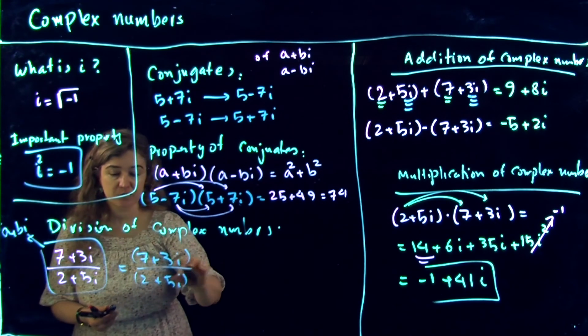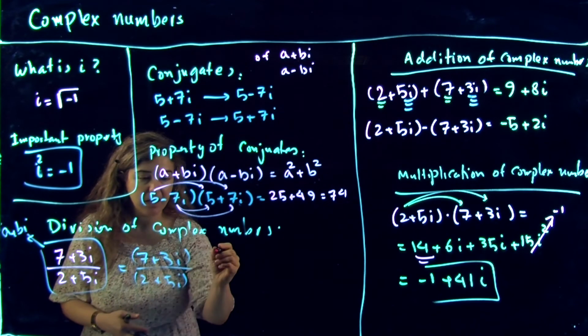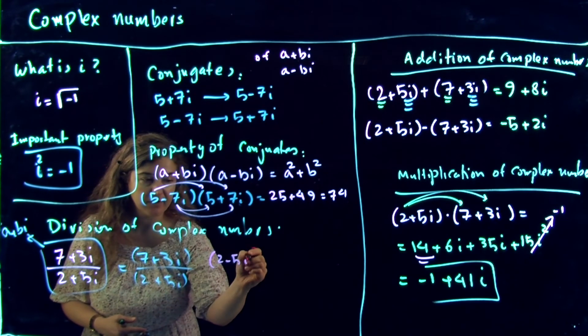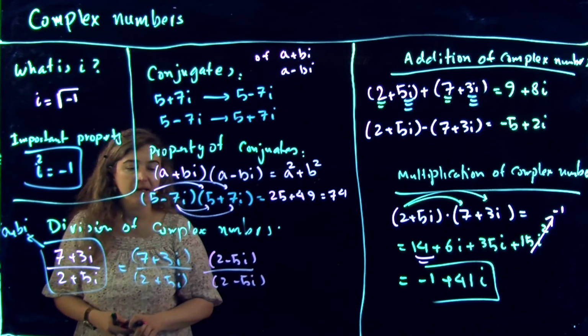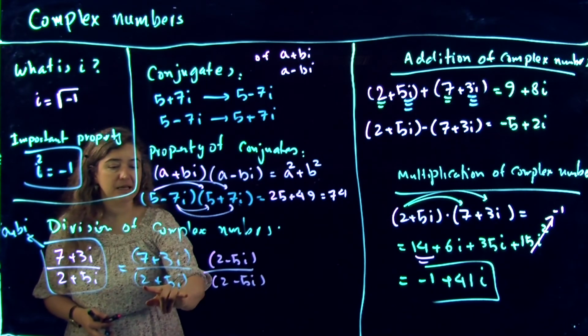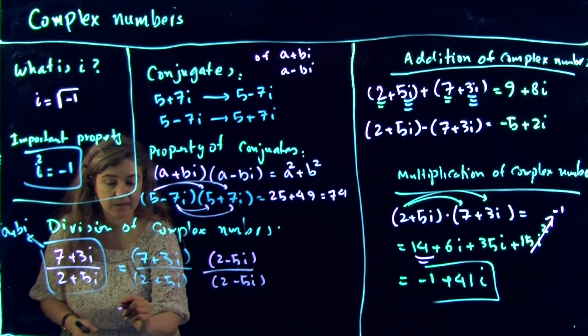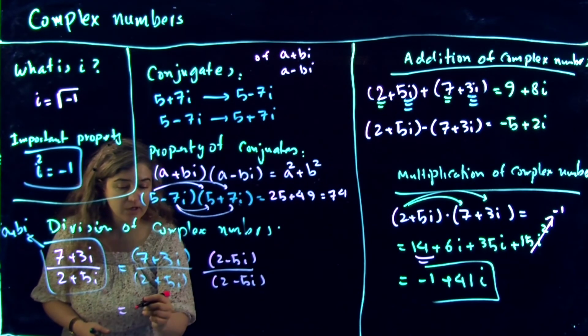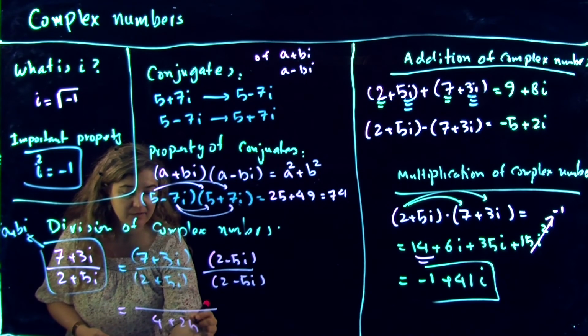We're trying to make the bottom real. And so I multiply top by 2 minus 5i, bottom by 2 minus 5i. And then when you're multiplying a number by its conjugate, it's 4 plus 25.